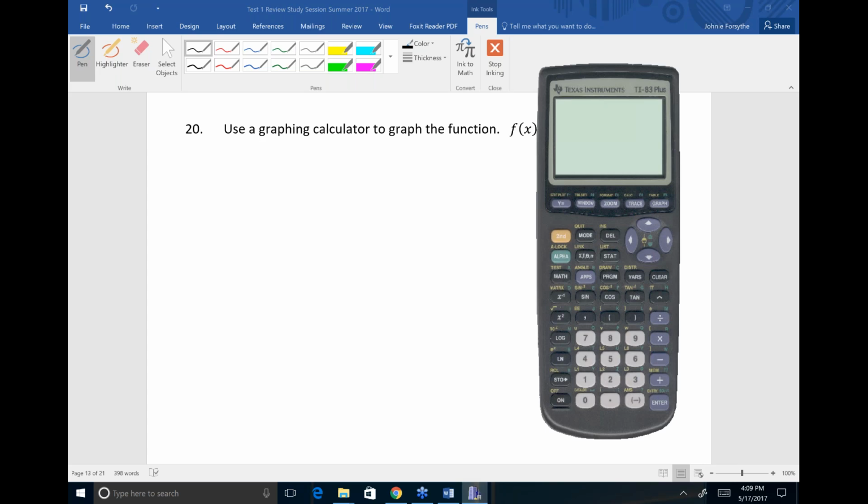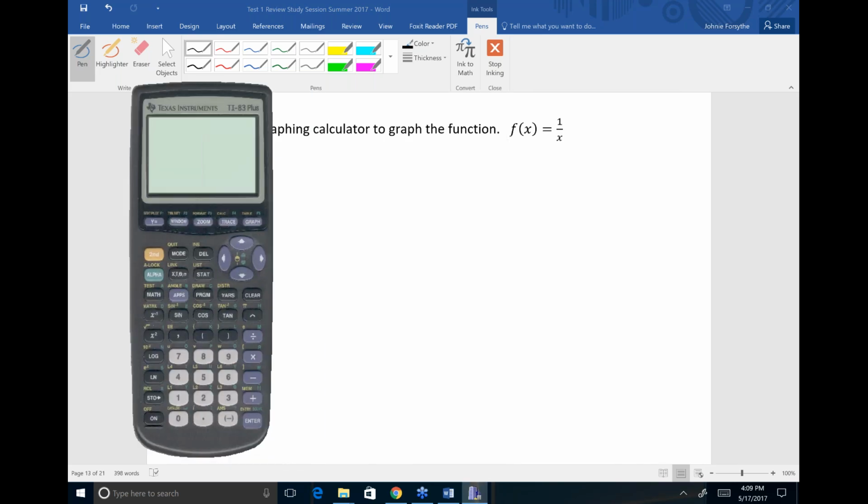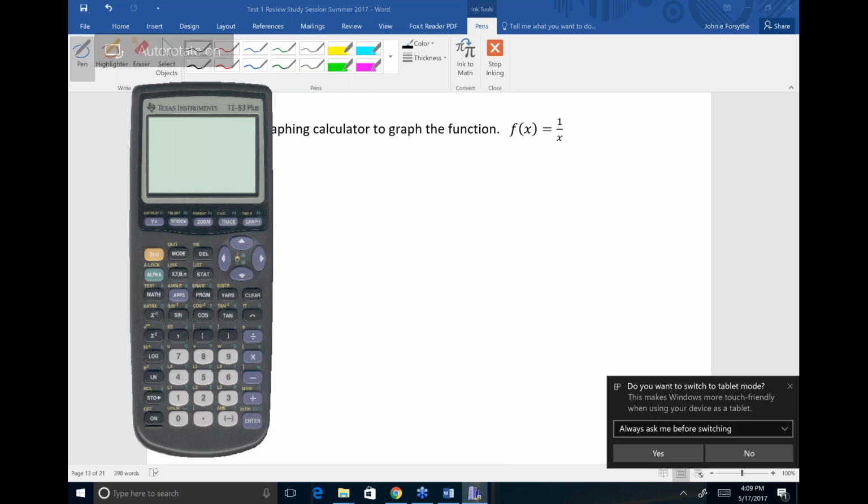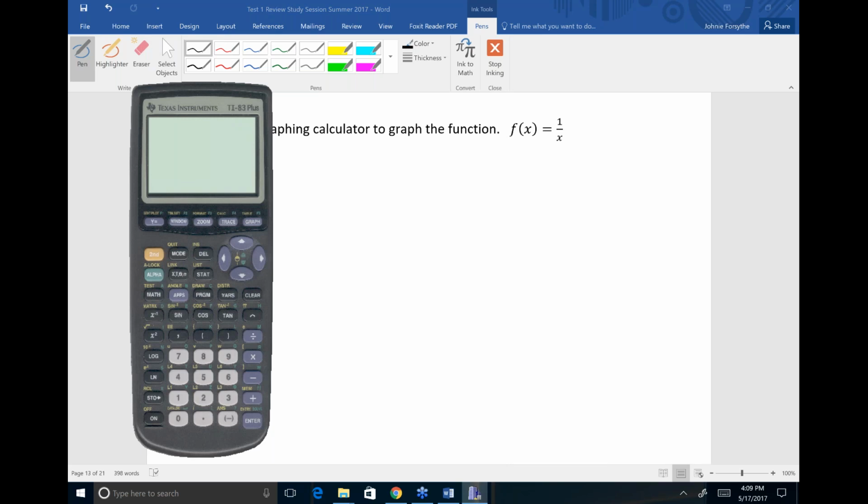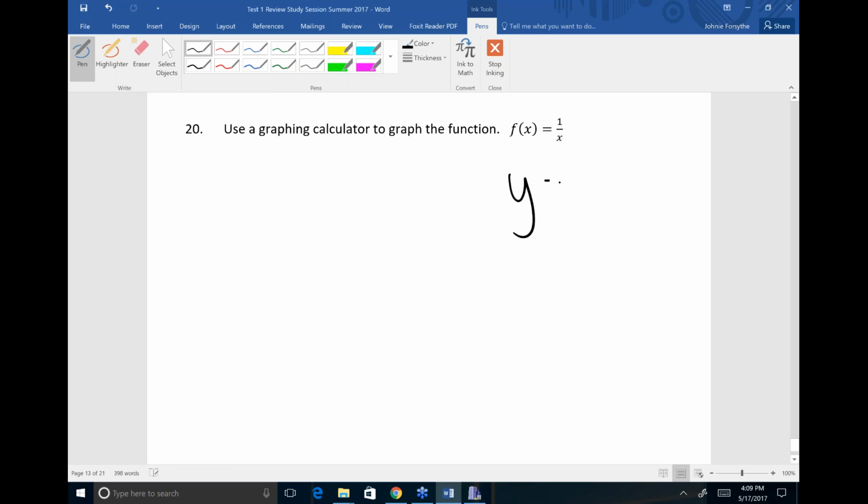So here she is. f of x equals 1 over x. To graph any function in the calculator, first of all, you want to set it equal to y, which in this case, f of x is the same thing as y. So that's like saying y equals 1 over x.